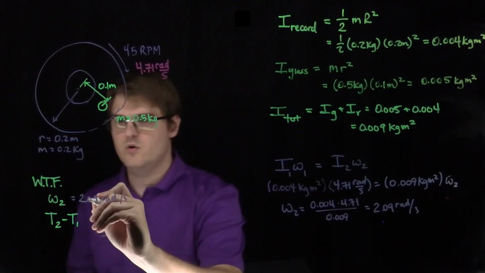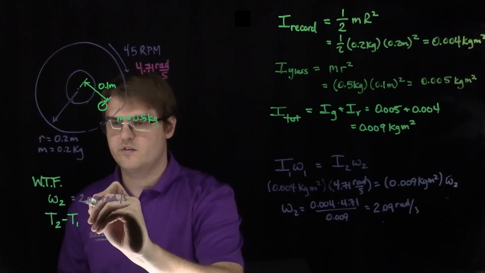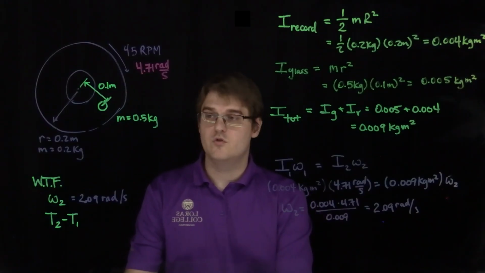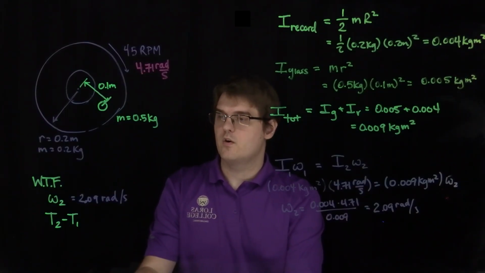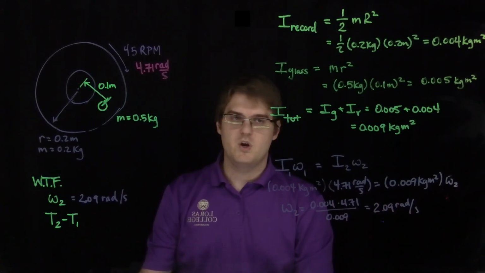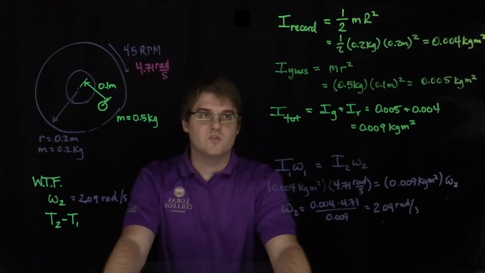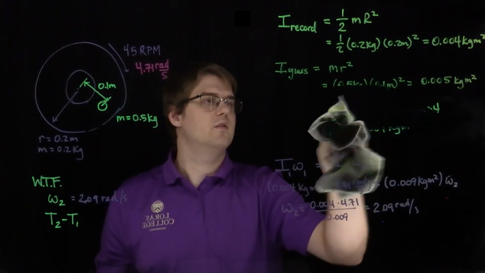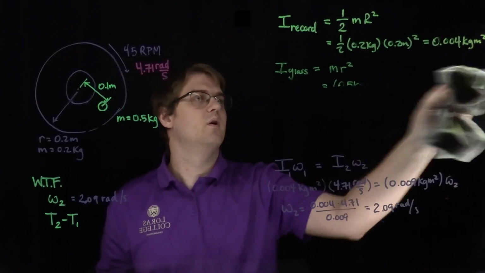Next thing I have to do is convert these guys into periods. Currently I have rotational rate, which is radians per second. Period is seconds per cycle. So with that, we'll erase the top bit and work up top.